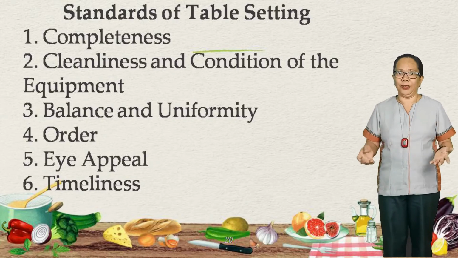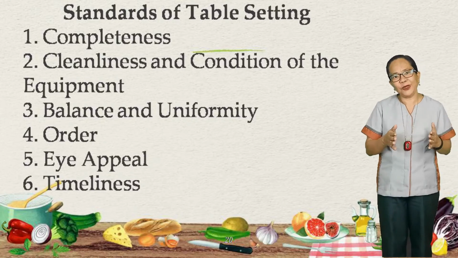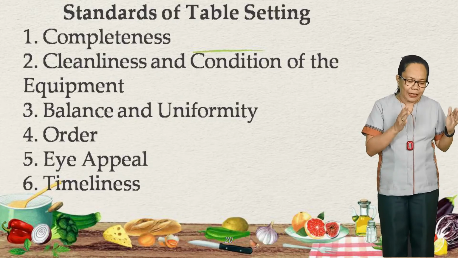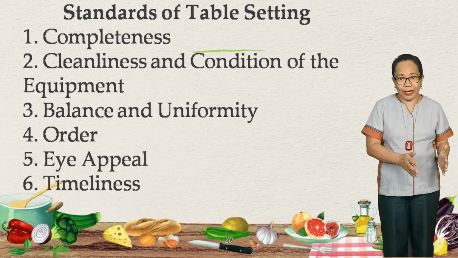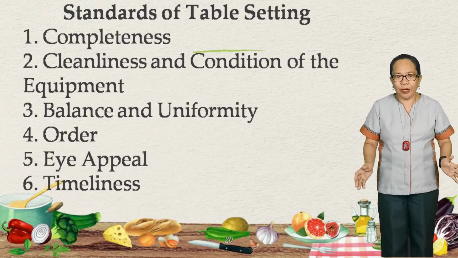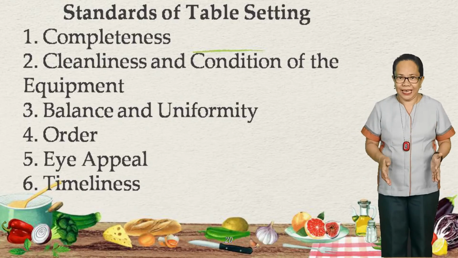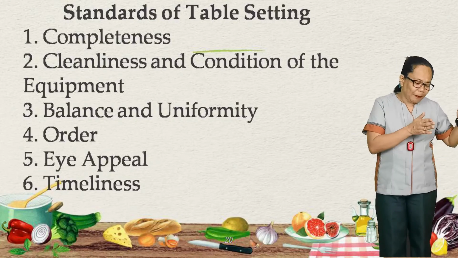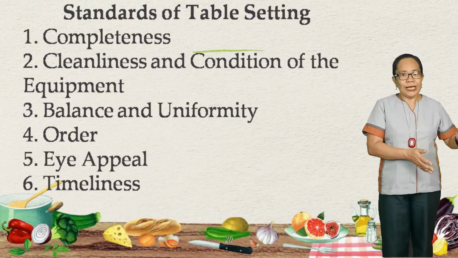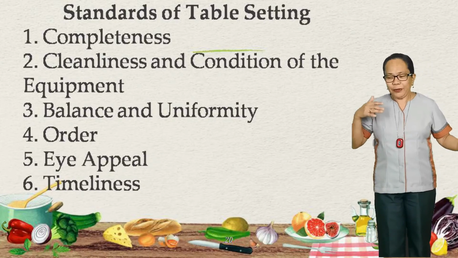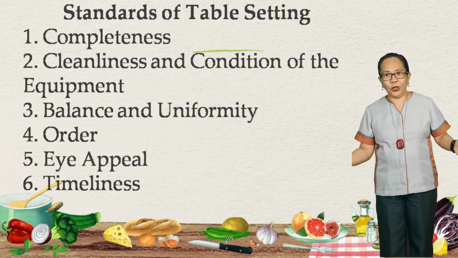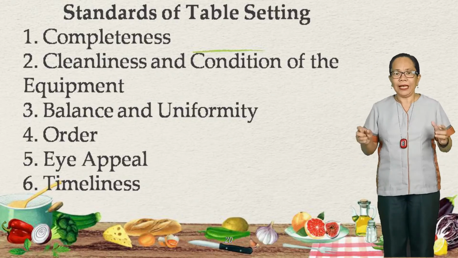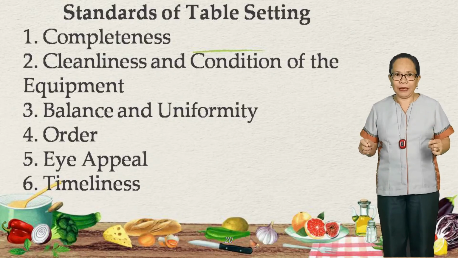Next, the order. So ano nga bang pagkakasunod-sunod? Tandaan, my dirty VL class, ang pagkakasunod-sunod ng arrangement ng lahat ng table appointments ay base sa gamit ng mga ito. Diba? Kahit pa may 3 tinidor sa kaliwa mo, may kutsara at kutsilyo sa kanan mo, alin ba doon ang dapat na unang gagamitin?